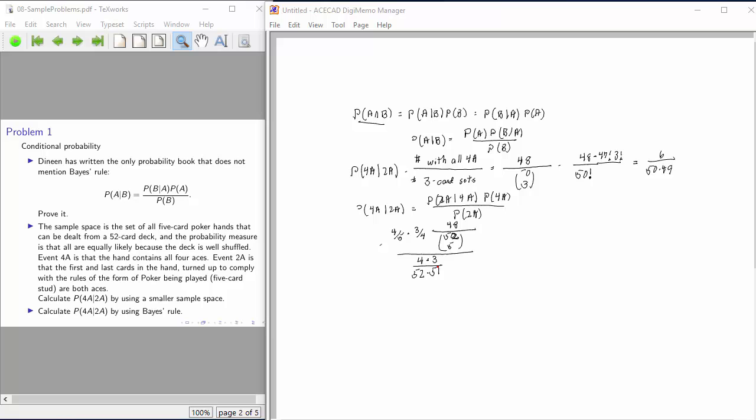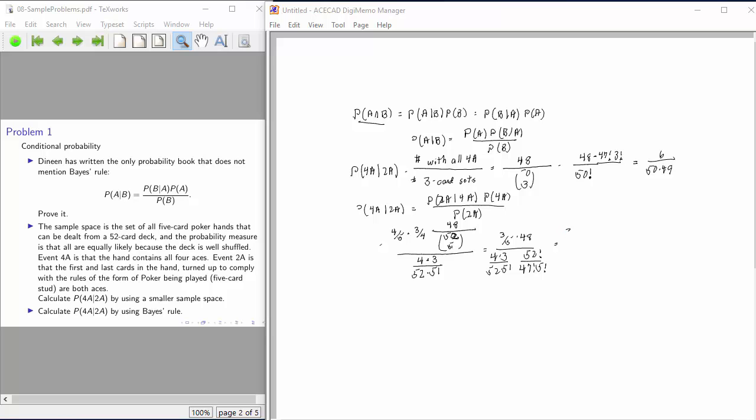Now the rest is all algebra. In the numerator, I have 3/5 times 48. In the denominator, I have 4 times 3 over 52 times 51, multiplied by this binomial coefficient from the numerator, which is 52 factorial over 47 factorial times 5 factorial.